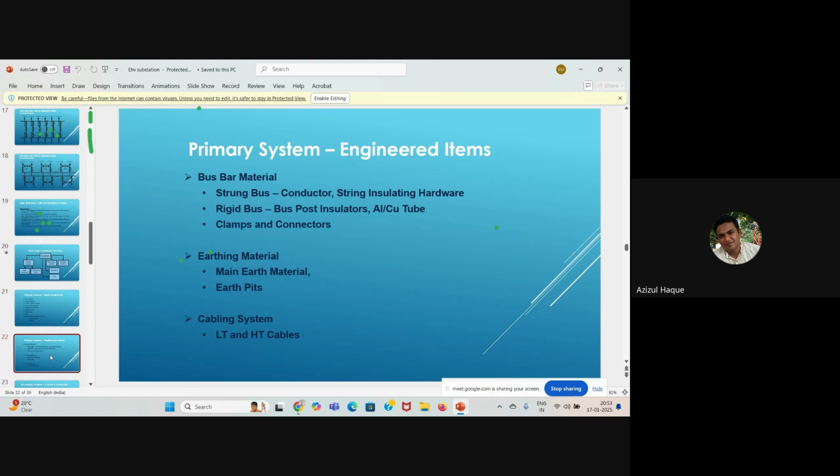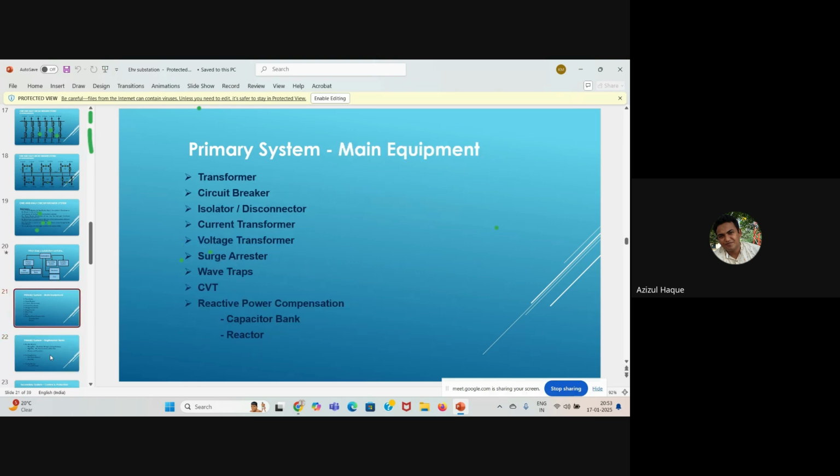Depending upon the type of feeder, whether it is an incoming feeder, a line feeder or an outgoing feeder, these equipments are connected in a particular sequence to enable power flow.